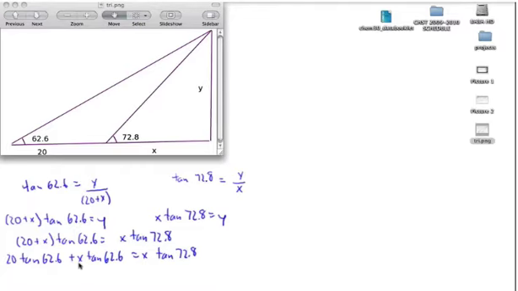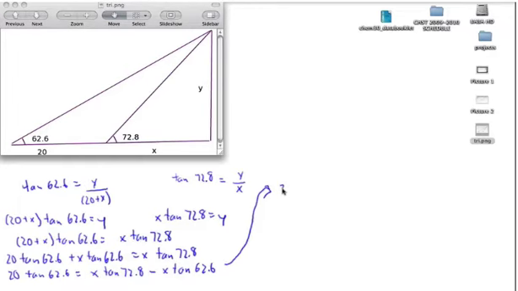Now we'll subtract both sides by x tan of 62.6 to isolate x on one side. So we have 20 tan of 62.6 is equal to x tan of 72.8 minus x tan of 62.6. Now we'll rewrite it over here. So the next step is to factor out the x.